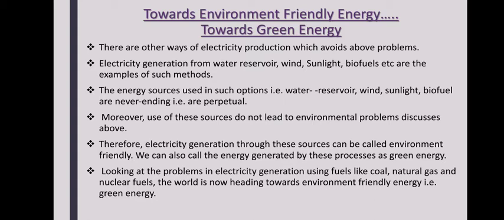The energy sources used in such options, that is water, wind, sunlight, biofuel, they are never ending. They are perpetual. They are all renewable, right? Moreover, use of these sources does not lead to environmental problems discussed above or in the previous slides. Therefore, electricity generation through these sources can be called environment friendly. Why? Because firstly we are not causing harm to the resources.